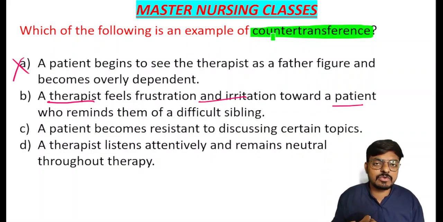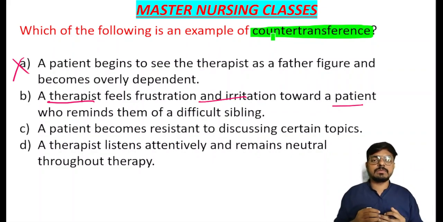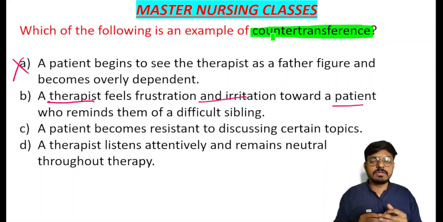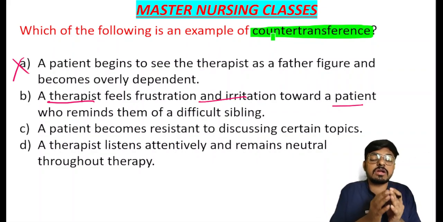Positive counter transference emotions are like the therapist may get involved in a social relationship or some economic relationship. This is the positive counter transference. This is beyond the therapeutic relationship, and it is not in the context and boundary of the relationship.